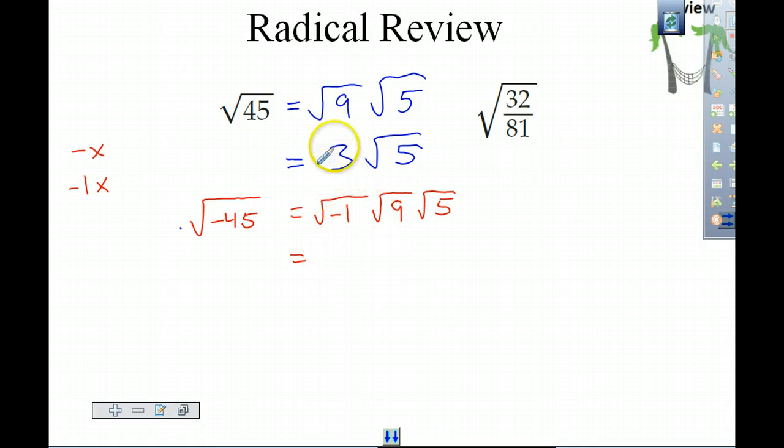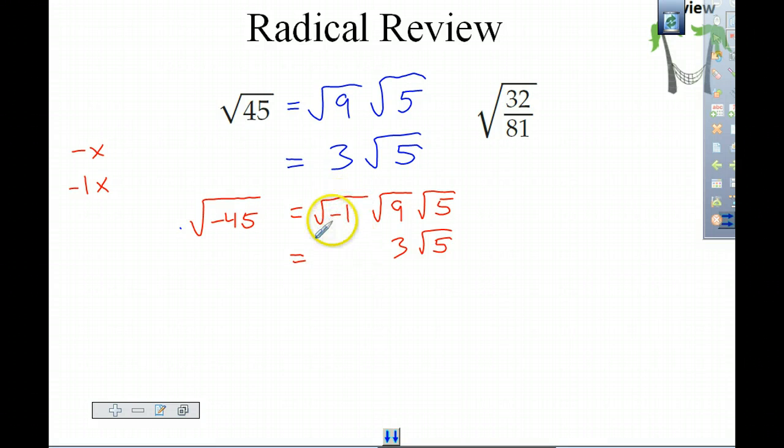And then you're going to find that the more you do it, the more it'll be true. You'll think, oh, this is basically the same thing as we did before. And that's true. You're still going to break it up into 9 and 5. You're still going to take the square root of 9 and get 3. You still can't take the square root of 5, so you're still going to leave that as root 5. That hasn't changed. But now we have this square root of negative 1.